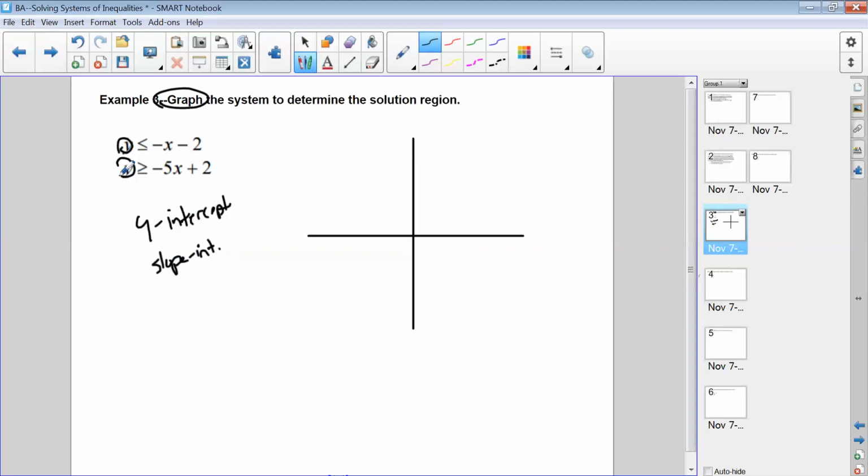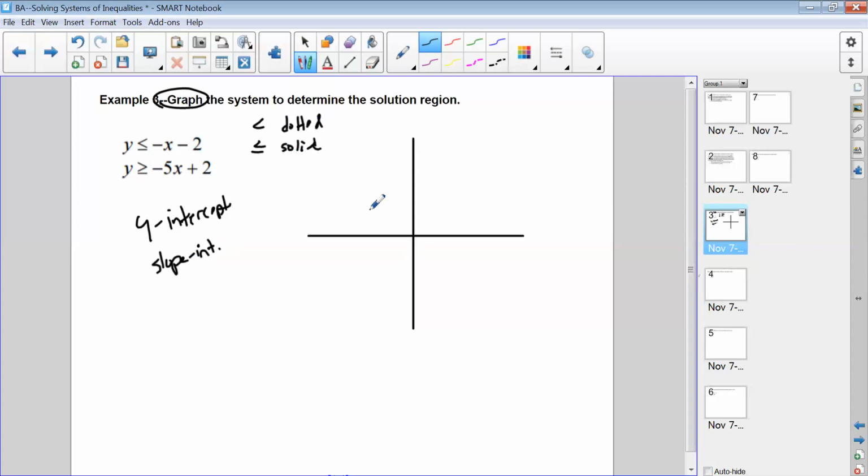You basically want to solve for Y. So we're going to solve for Y, and we want to always be mindful of the inequality symbols. Is it going to be a solid line? Is it going to be a dotted line? If you've got a less than, then you know it's going to be a dotted line. If you have a less than or equal to, then we know it's going to be a solid line.